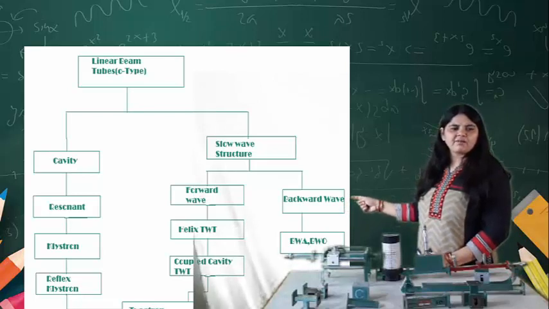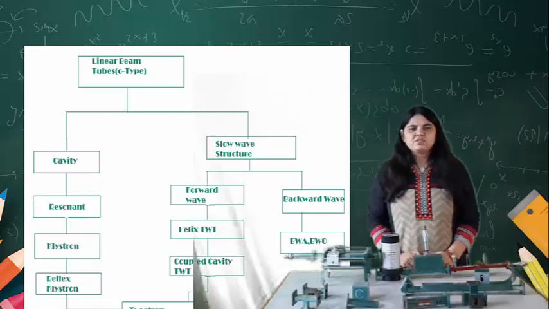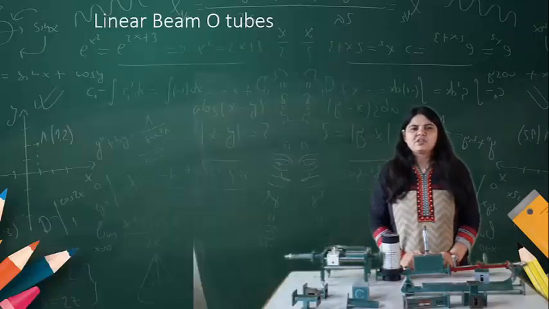Over here the backward structure is the BWO. So these are the classifications of the linear beam O type tube structure.